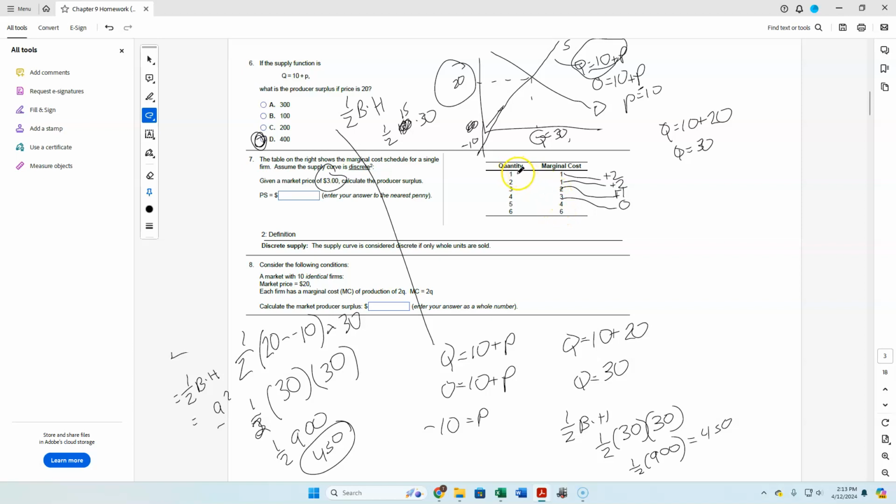Now, this is multiplied by the quantity. So 1 times 2 is 2. 2 times 2 is 4. 3 times 1 is 3. So here I've got 7, I've got 9 as my total, not really my total cost, but my summed up marginal cost. 3 times 4 is 12.